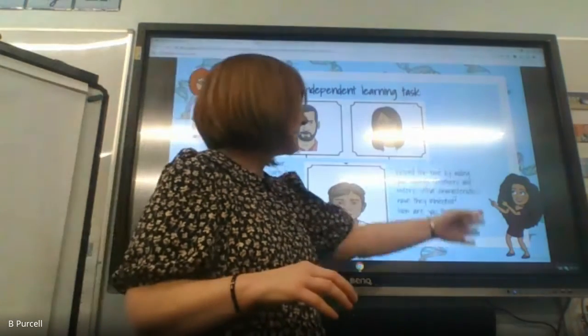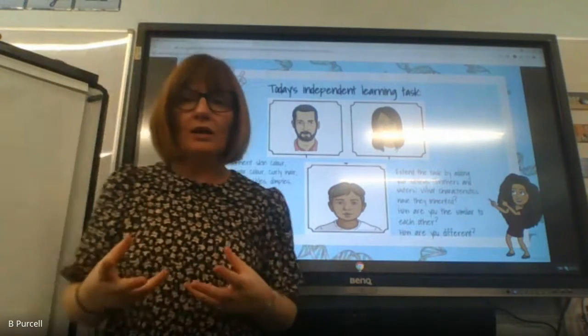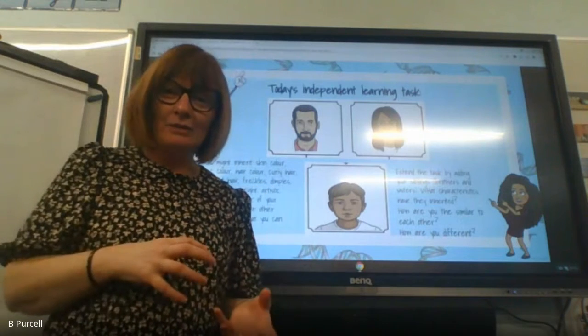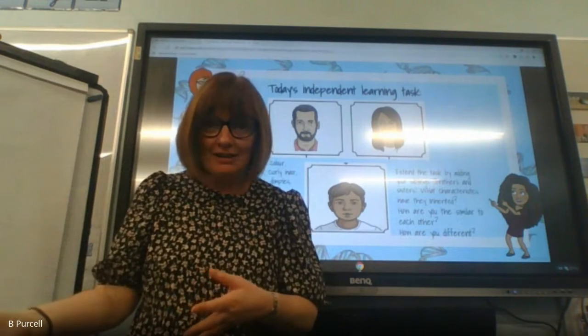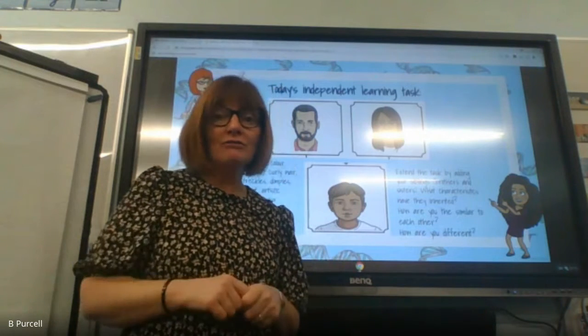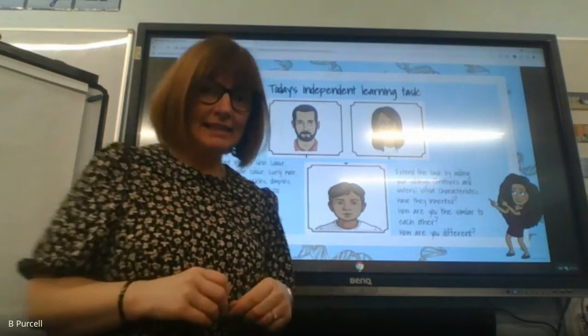And then you can extend the task by adding your siblings, brothers and sisters, and what characteristics have they inherited? Are they the same? Have they got the same colour eyes as you? Have they got different colour eyes than you? Have you got curly hair? Have they got straight hair? Or are you really quite similar? So that's what your task is today.